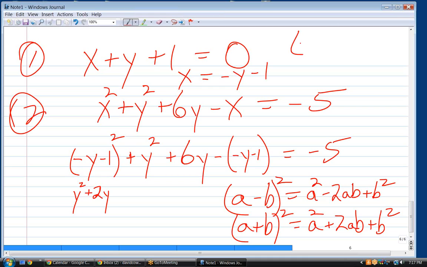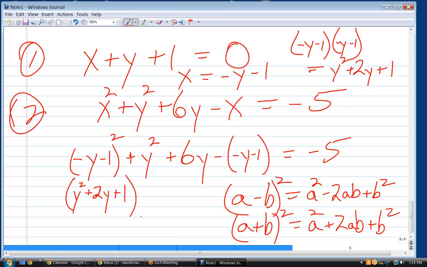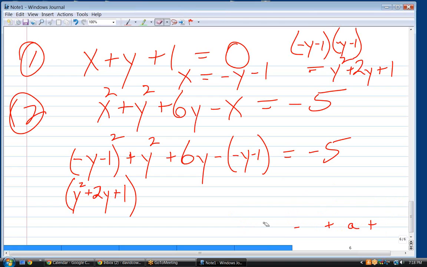If I do minus y minus 1 times minus y minus 1, I get y squared and then plus 1y plus another y. So there's plus 2y plus 1. Oddly enough, that's what that FOILs out to, nothing but positives. I can't say that I've come across that before either, where you had to binomially expand 2 negative numbers like that. Okay, plus y squared plus 6y. Eliminate these parentheses here.